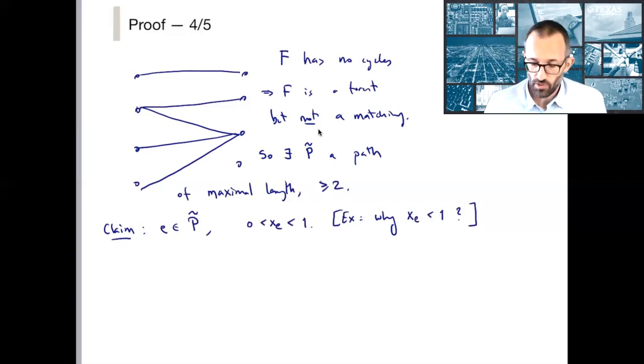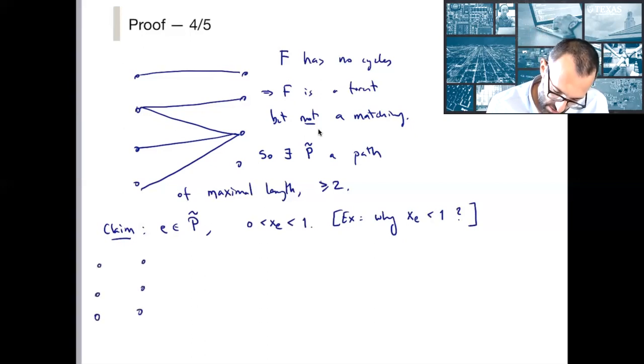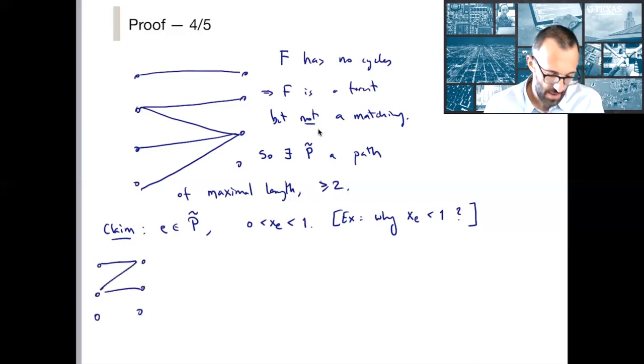Okay, so now we're going to do the same story. So let me just draw out my P here. So perhaps this is P, and I'm going to define a vector d that has plus 1s, minus 1s, and 0s, and again just alternates plus 1, minus 1, plus 1, minus 1 on the path. So same as in the previous slide.